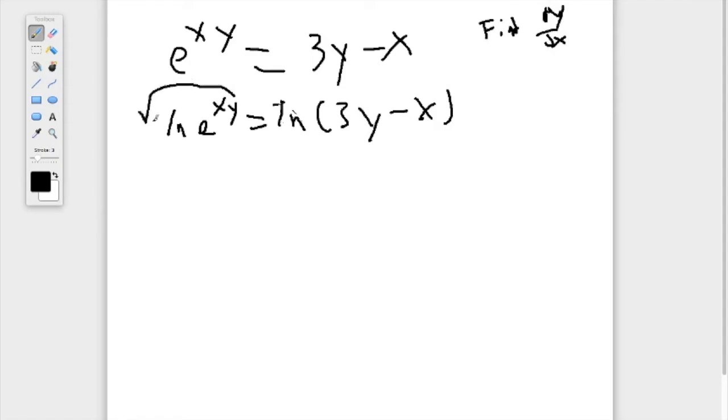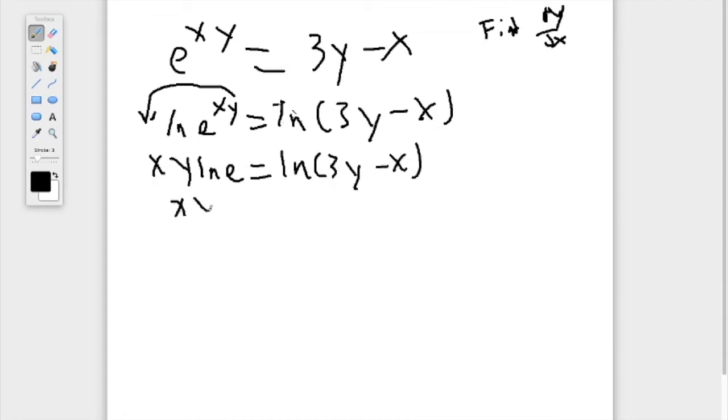So you don't have to worry about it messing up with your e to the x, in case you have trouble taking the derivative of this. So basically the exponent's going to come down as a coefficient. So we get xy ln e equals ln of 3y minus x. So ln e is just 1 because that's just log base e of e. You get xy equals ln of 3y minus x.